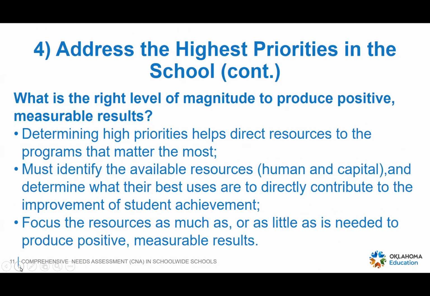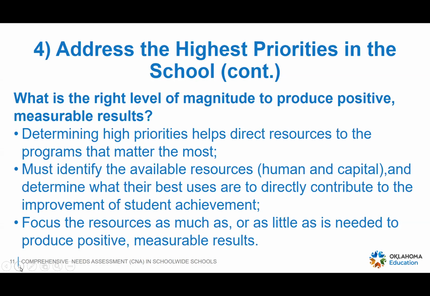What is the right level of magnitude to produce positive, measurable results? Determining high priorities helps direct resources to the programs that matter the most. You must identify the available resources, human as well as capital resources, and determine what their best uses are to directly contribute to the improvement of student achievement.